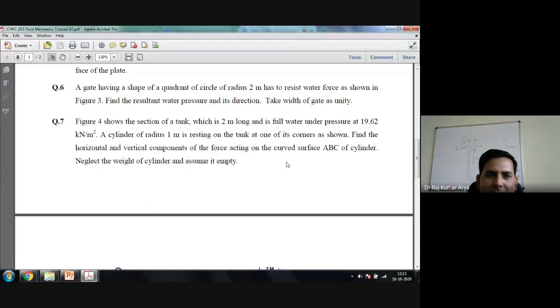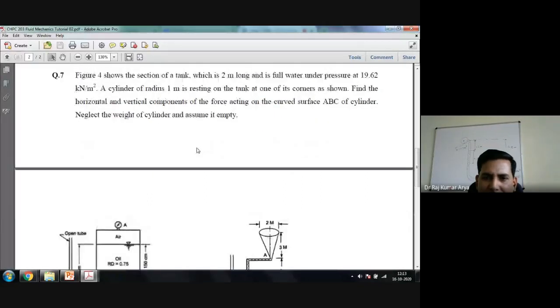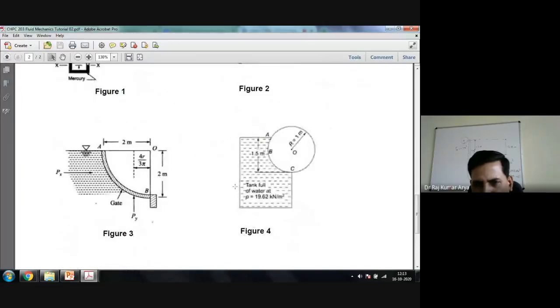Let's see what figure 4 is. So this is figure 4 here. You have a pressure inside this particular tank, that's what they say.